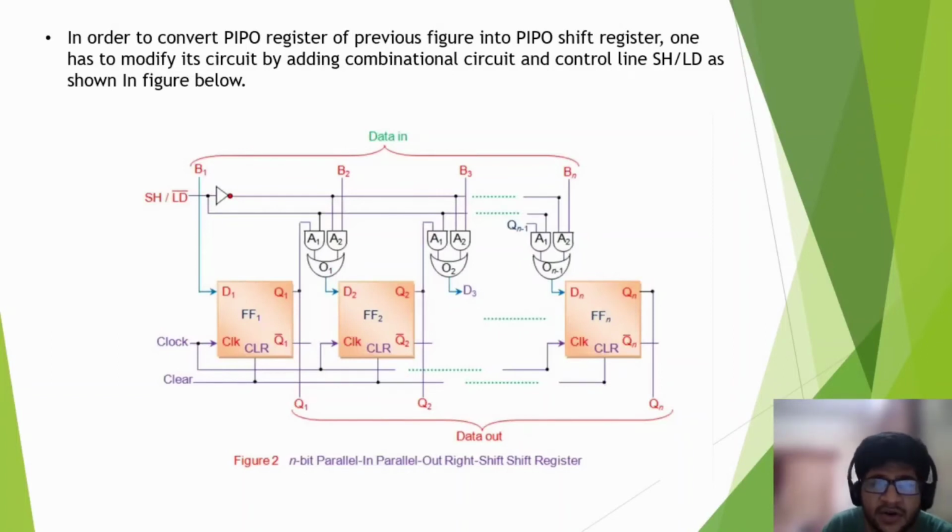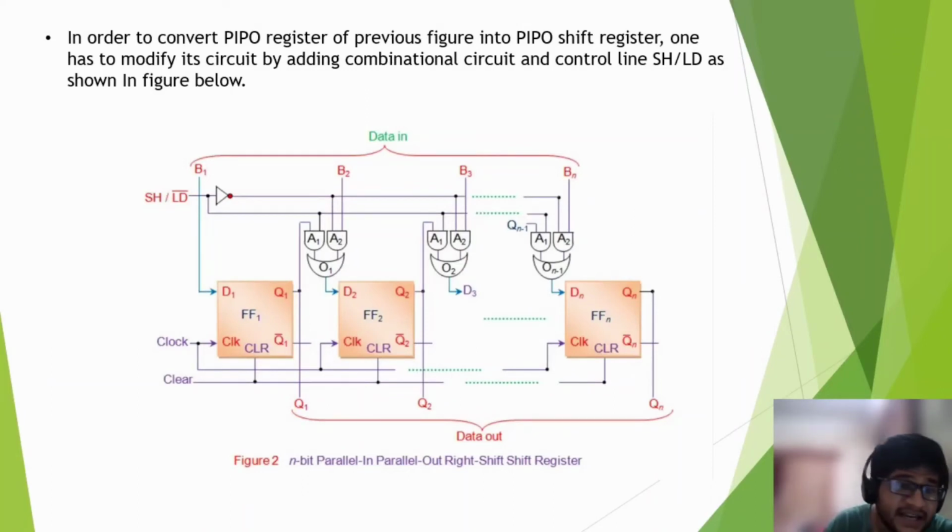When the first clock signal is applied, the input data from B1 to Bn is given to flip-flops FF1 to FFN. These inputs are stored in D1, D2 till Dn. At the same time, the output pins Q1, Q2 to Qn are filled with these inputs, which means at that time D1 equals Q1, D2 equals Q2, till Dn equals Qn.